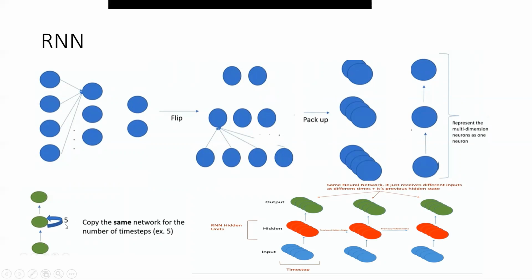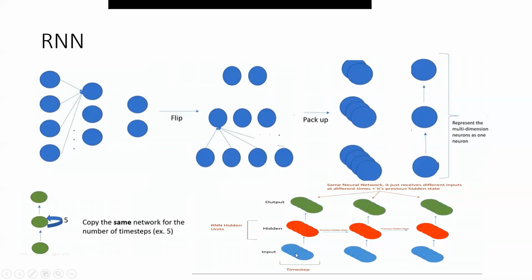The same network would be copied 5 times, and the output of one timestamp would be passed to the input of the next timestamp. So, right? So it is a copy of the same network for a number of timestamps. So if you expand this image into this, you can see that in the first timestamp, the input is this.